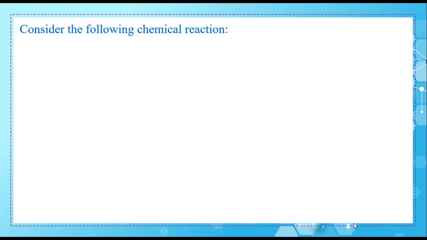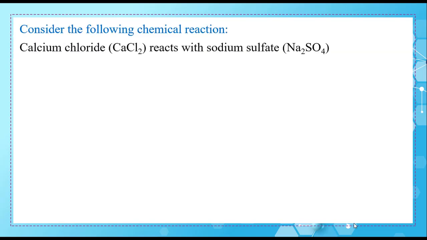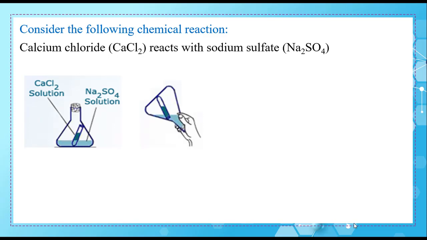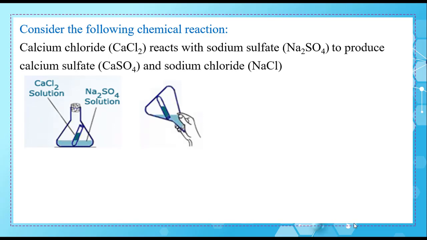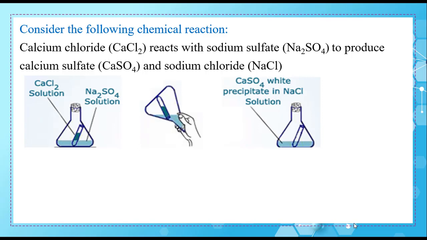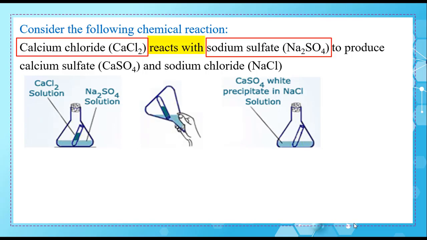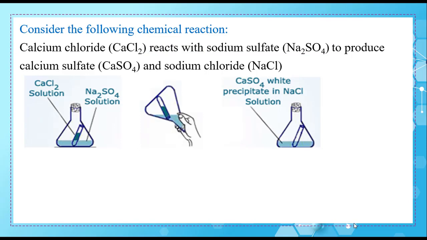Let's consider the following chemical reaction. Calcium chloride, CaCl2, reacts with sodium sulfate, Na2SO4, to produce calcium sulfate, CaSO4, and sodium chloride, NaCl. What are the reactants of this reaction? Calcium chloride and sodium sulfate. What are the products of this reaction?